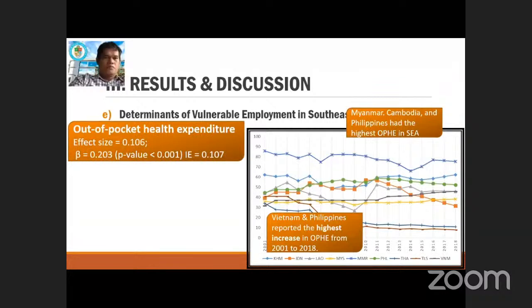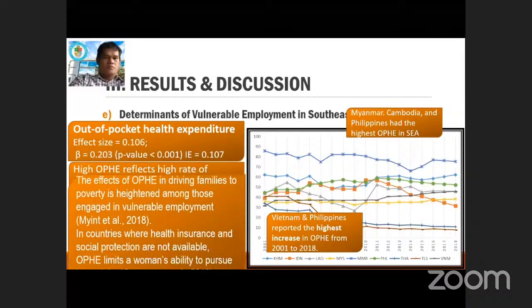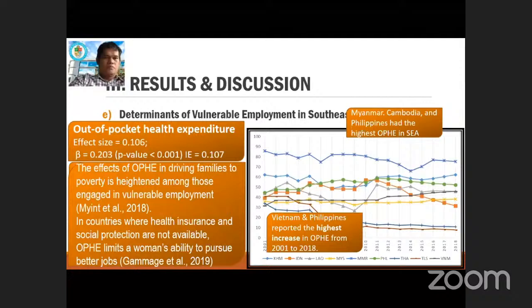Out-of-pocket health expenditure contributes to the increase in the rate of vulnerable employment in the ASEAN region, and its effect is partially mediated by poverty headcount. This means that the effects of out-of-pocket health expenditure in driving households below the poverty line is exacerbated among those engaged in vulnerable employment, particularly the female sector, that usually do not provide buffers in case of some catastrophic health events.